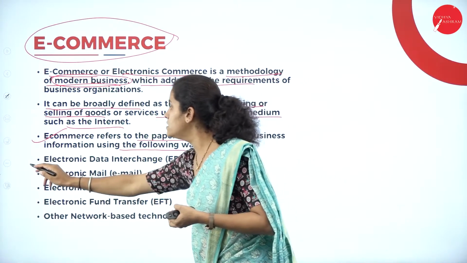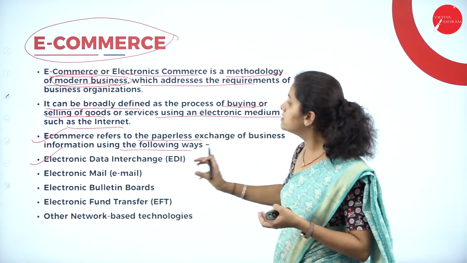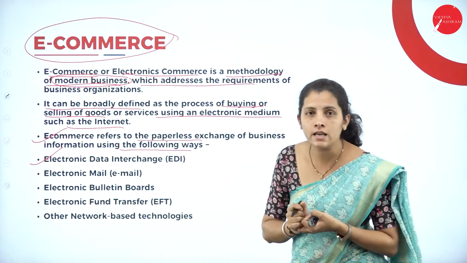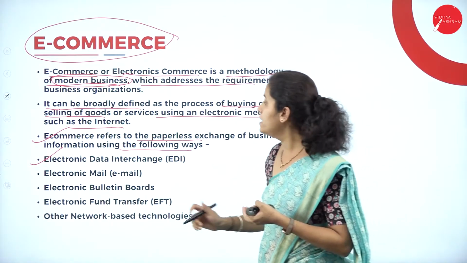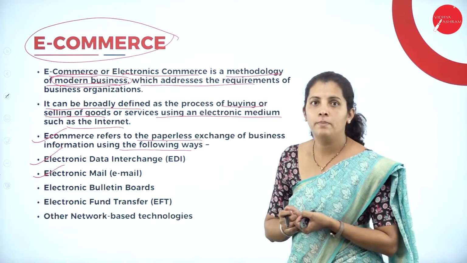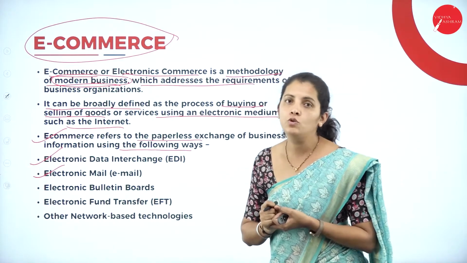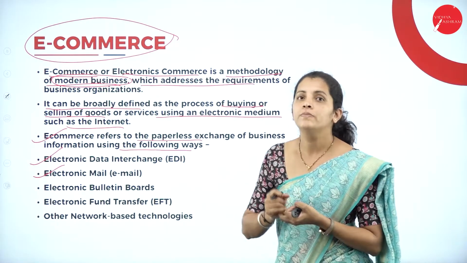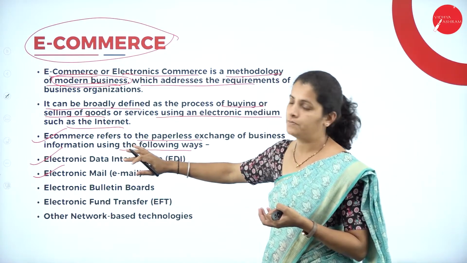First one, electronic data interchange. It is a program mainly designed to interchange data electronically. Then we have email, that is electronic mail. By using email, it's possible to mail across the customers or across the manufacturers.